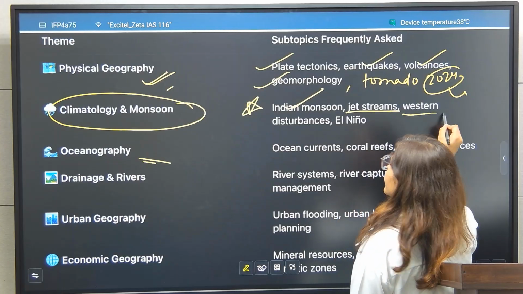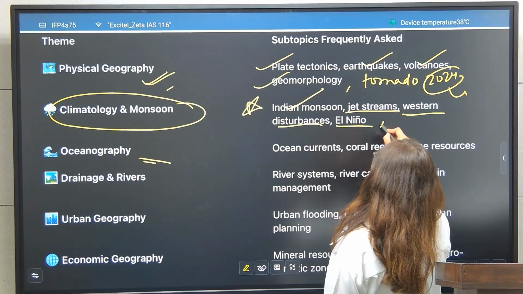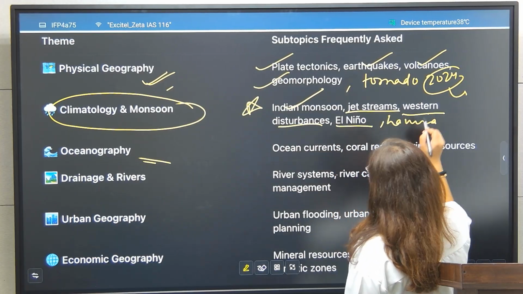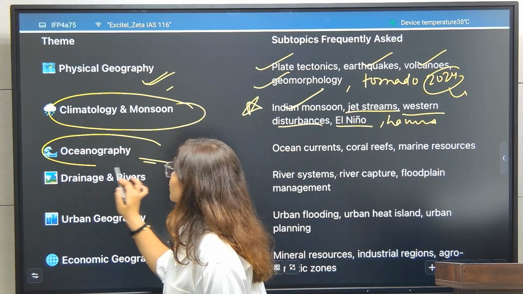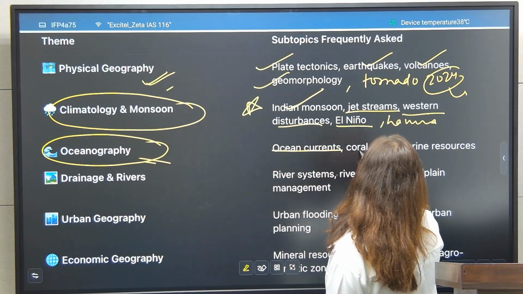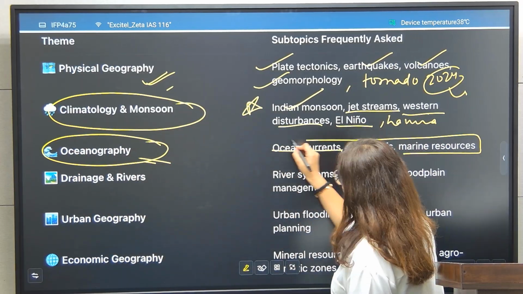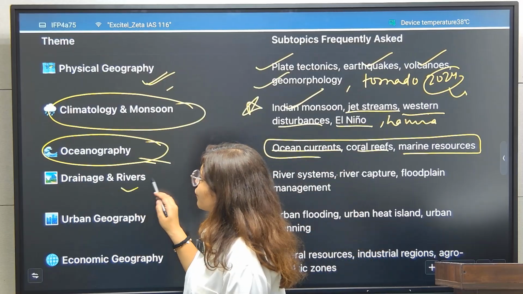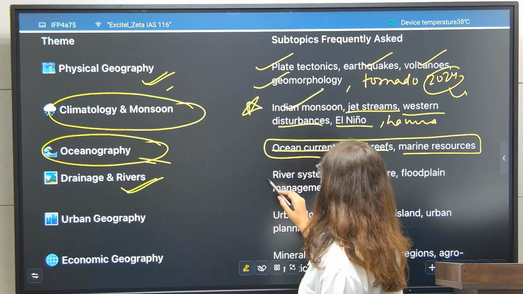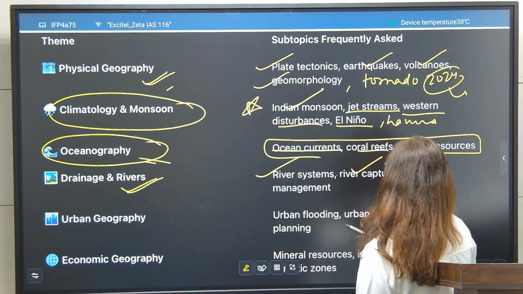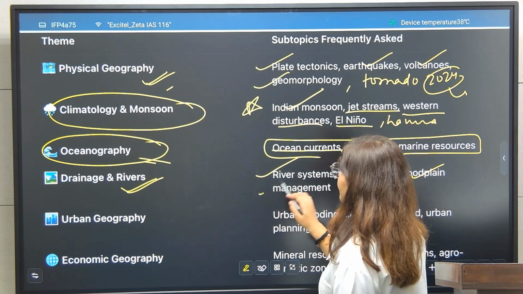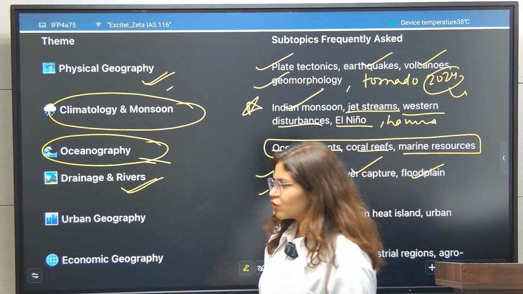Jet stream, western disturbances, El Nino and La Nina. Oceanography: ocean currents, coral reef and marine resources. From drainage and river part: river system, river capture, floodplain management, river interlinkage.